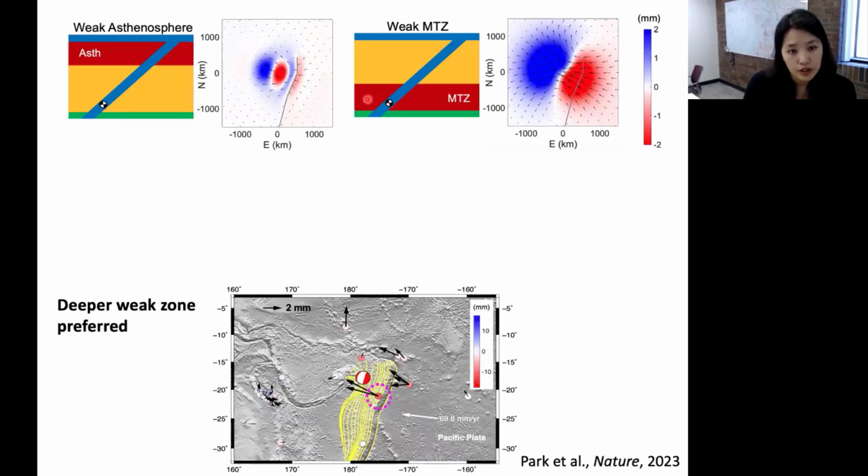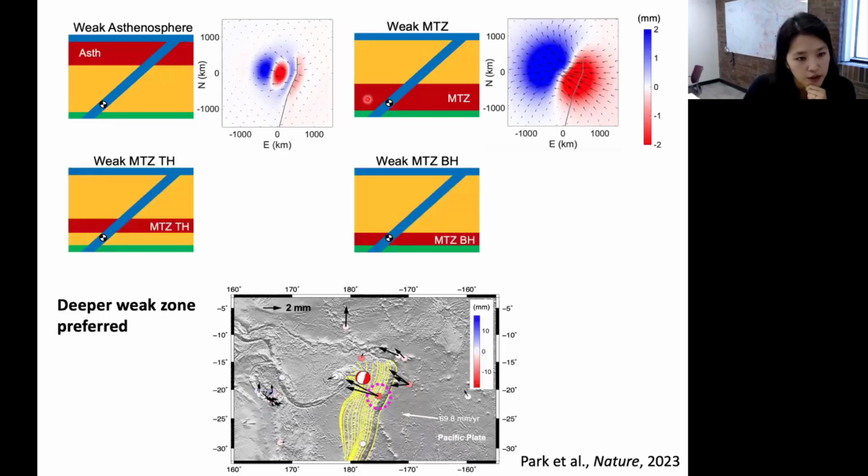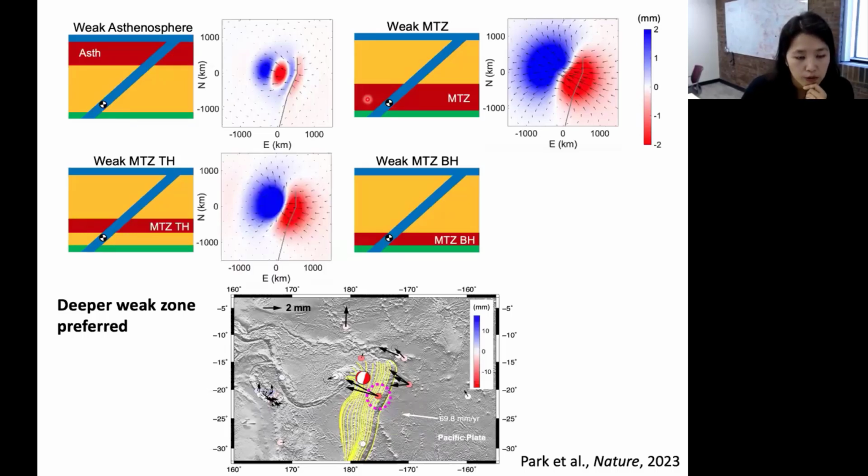Knowing that a weak mantle transition zone better explains our observation, we can go further and divide the mantle transition zone into top and bottom halves and see what happens. Are we even sensitive to these two different weak zones? This is the modeling result for the top half of the mantle transition zone being weak.